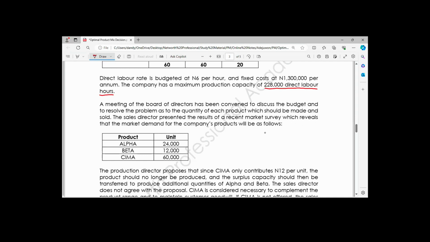The sales director presented the result of the recent market survey, which reveals that the market demand of the company's products will be as follows.